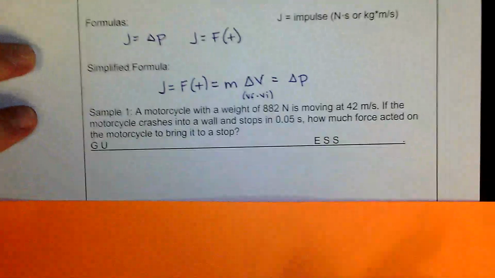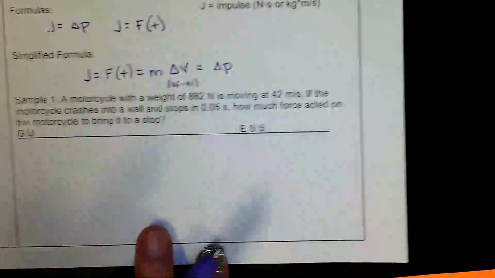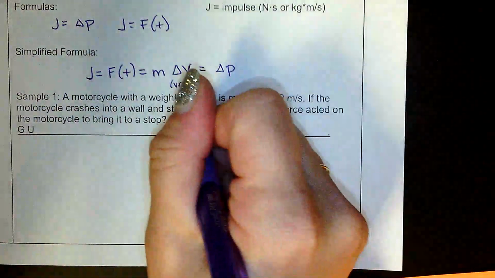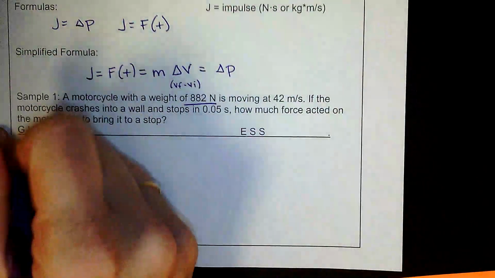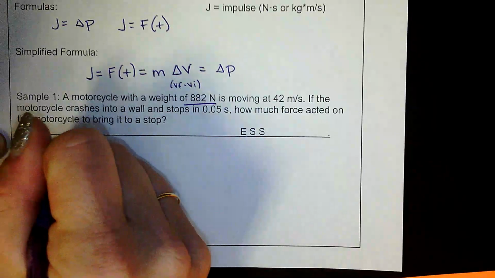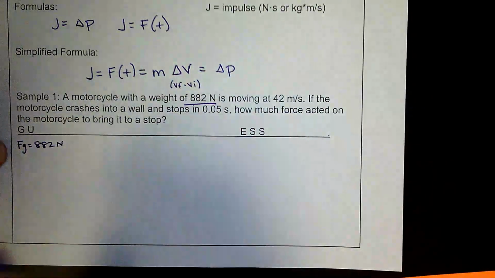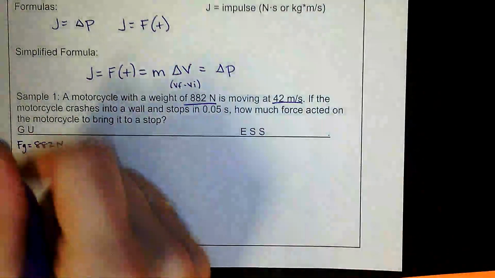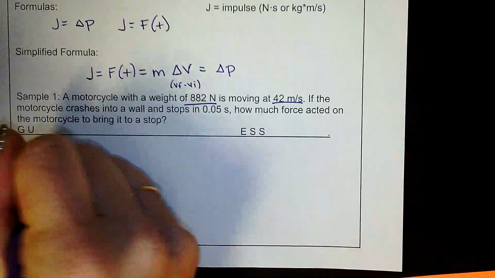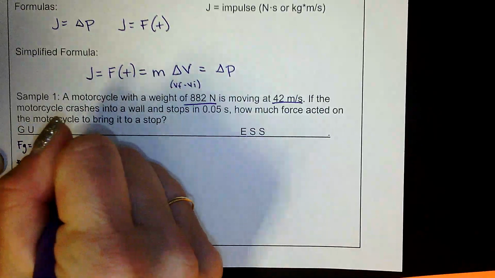All right, so for example, so how this is going to work. Example 1: a motorcycle with a weight of 882 newtons. So let's do our givens. I'm given a weight, force of gravity, Fg, of 882 newtons, is moving at 42 meters per second. Sorry, that's a velocity, 42 meters per second.